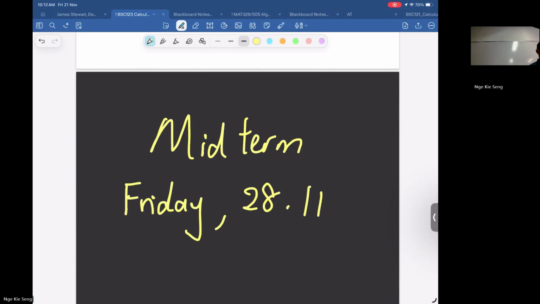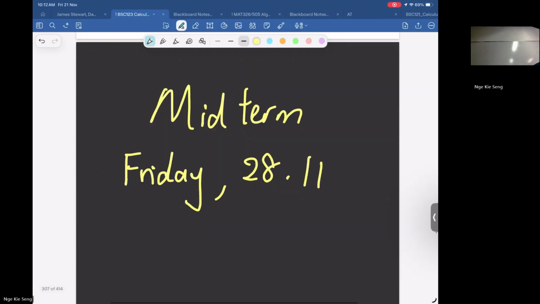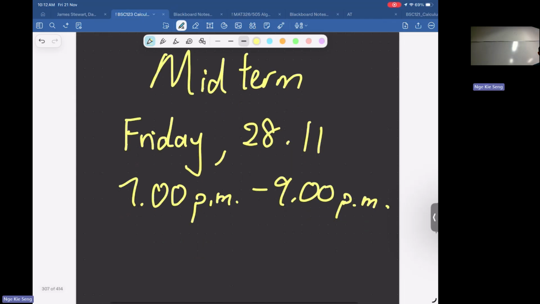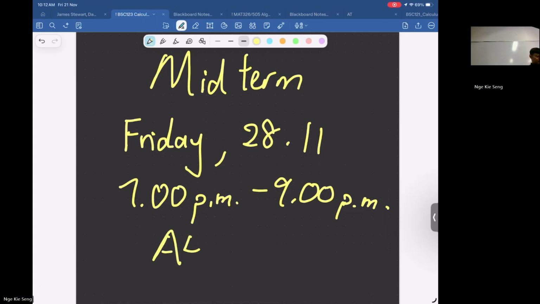What time? 7 p.m. to 9 p.m. It's quite late because some of the classes end late. What's the venue? A4 111. Okay, so first floor. Please come earlier to prepare. We won't wait for you.